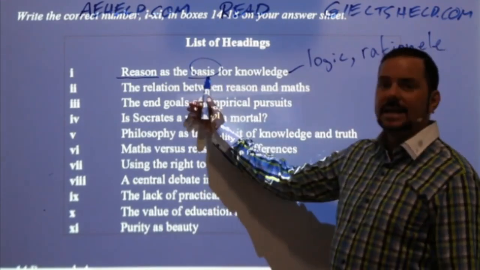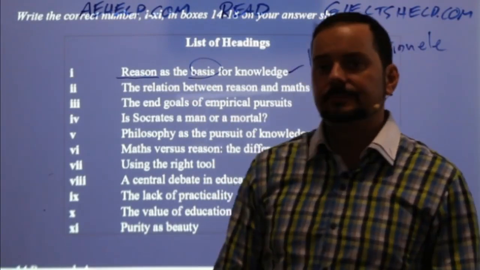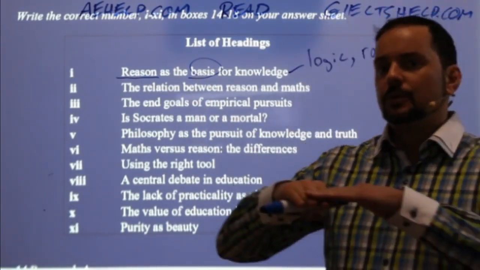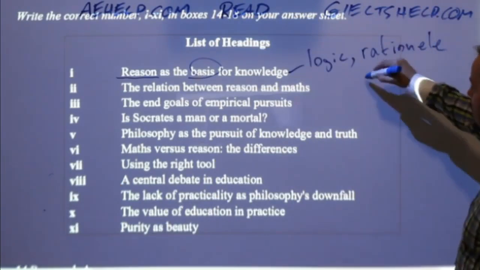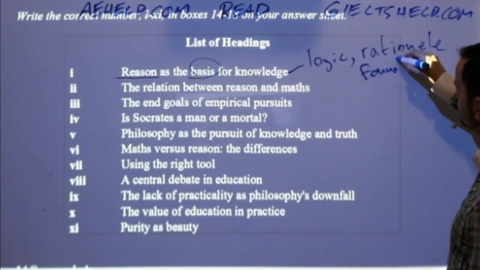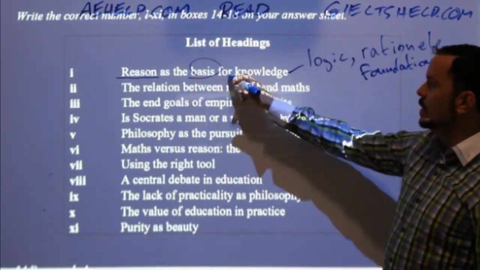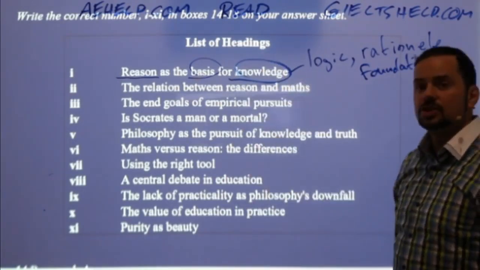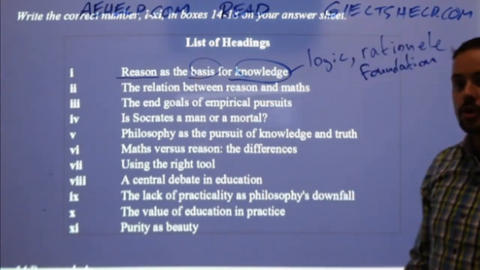Okay, basis. What's another way to say basis? Think of the word base. There we go. Very nice, Hassan. Foundation. Okay. What's another way to say knowledge? Yeah, so foundation is a good word here.